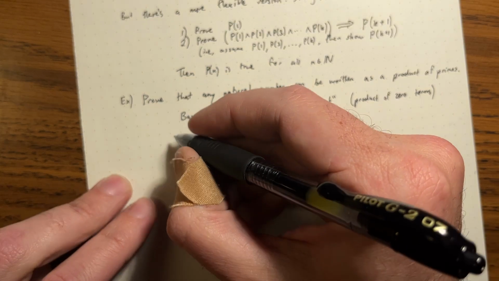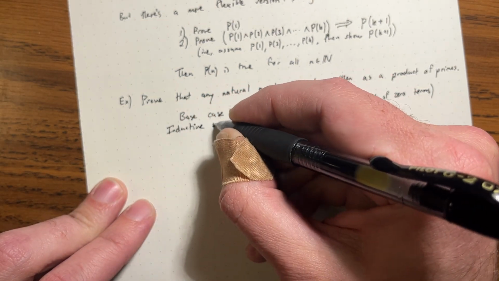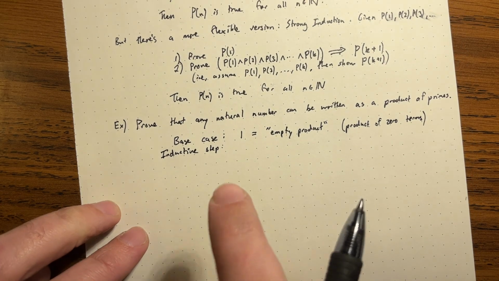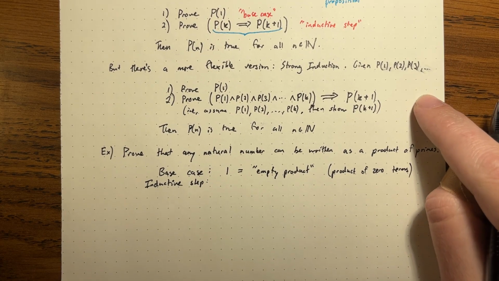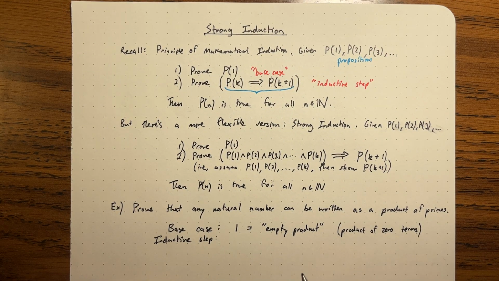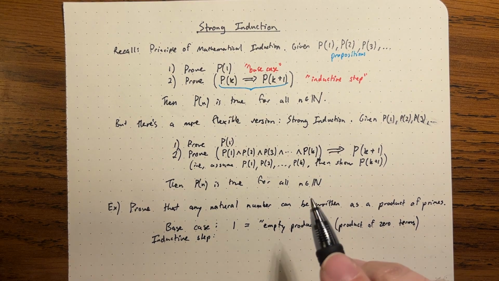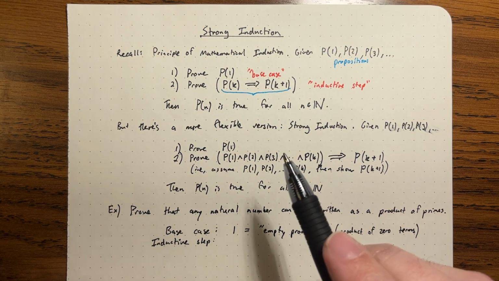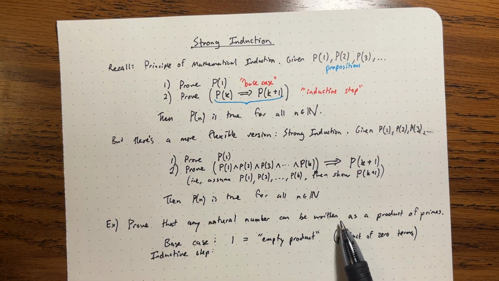And in the inductive step, we're going to use strong induction. And it's not just to get practice with this. It's actually because we can't use this. And that's because, let's suppose I have a factorization for k into primes.